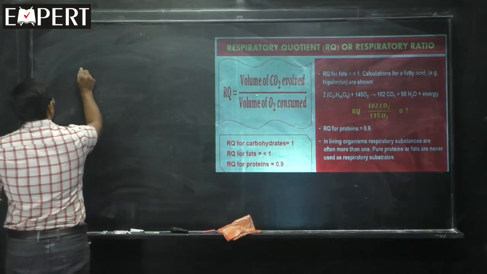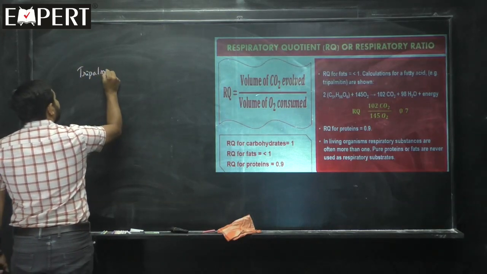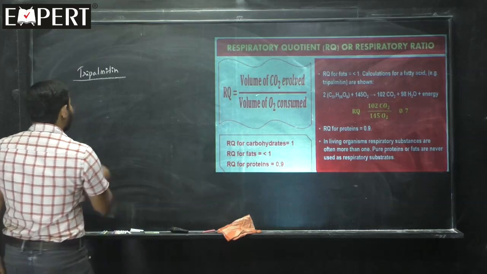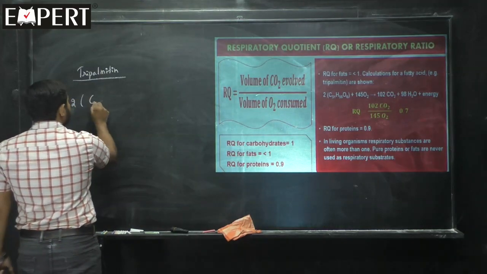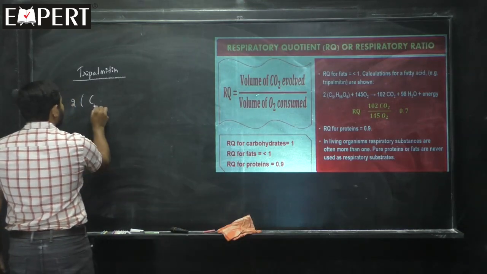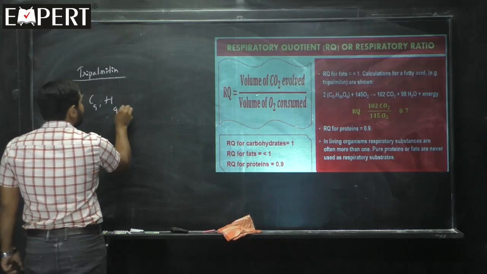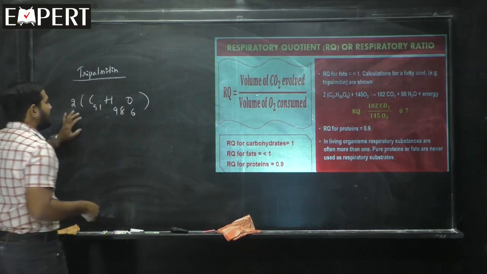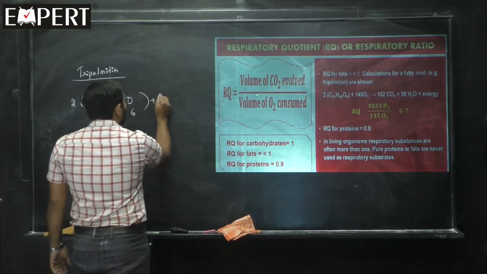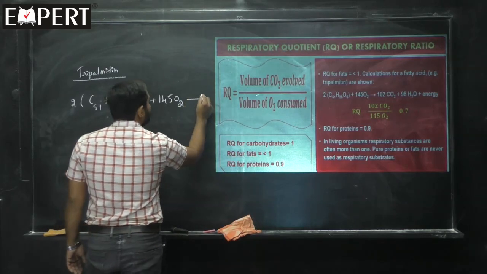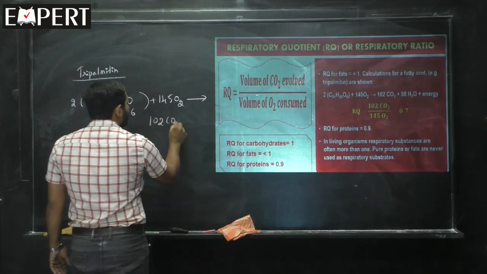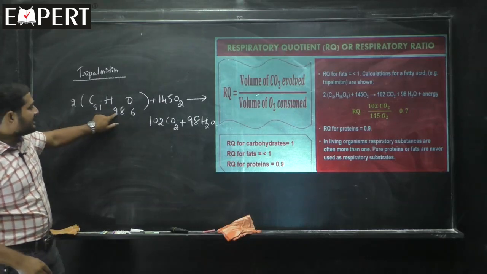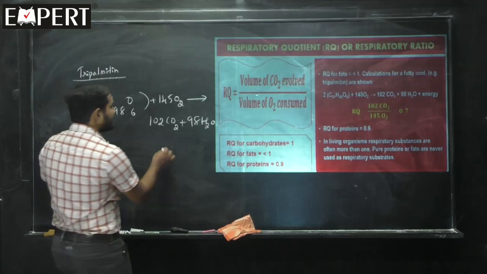For a fatty acid called tripalmitin, an explanation has been given in the textbook, where 2 molecules of tripalmitin, having the formula C51H98O6, in the presence of 145 oxygen give 102 carbon dioxide plus 98 H2O, plus a lot of energy. This has to be remembered.